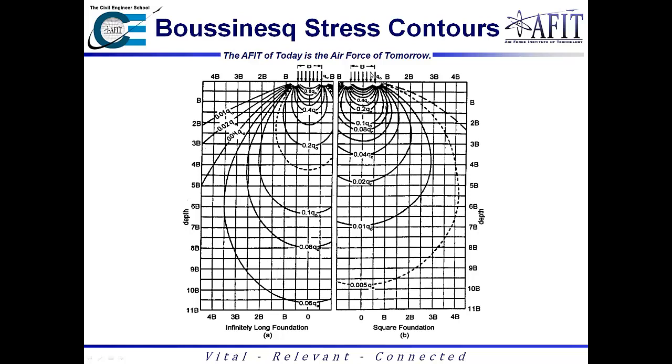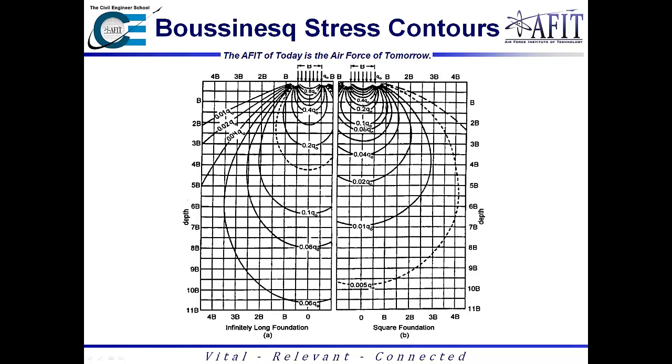So the way this would work is, say I have a square foundation of width B, and I want to figure out what the stress is 2 widths below the surface. I can come down here and say it's roughly 0.1 times Q naught, and basically come up with the change in vertical pressure is equal to this value.